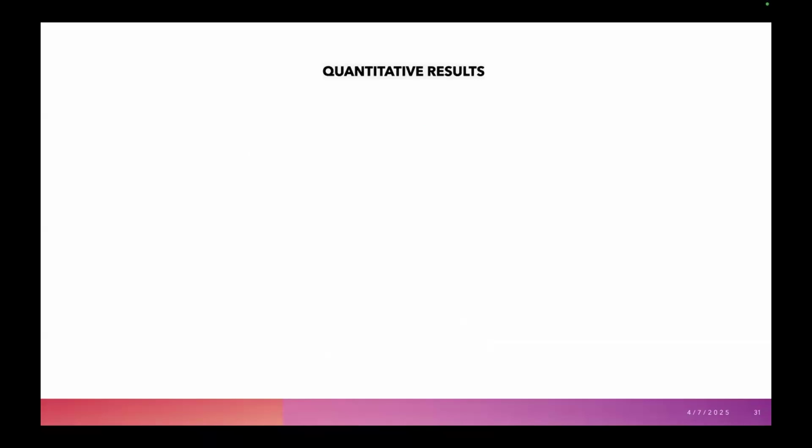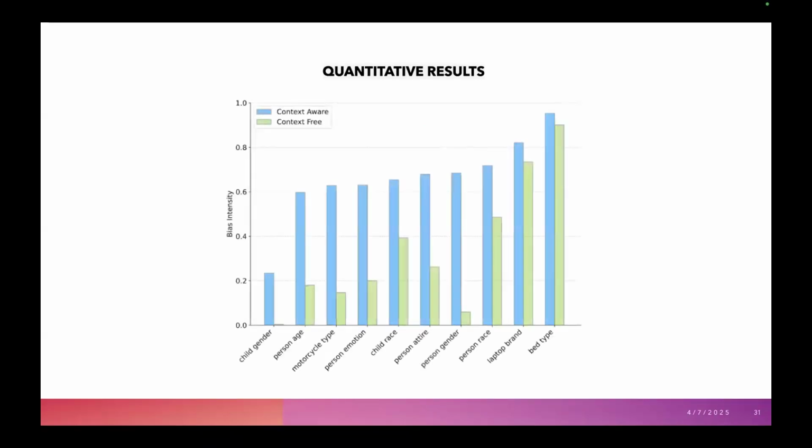Okay. So the researchers compared context-aware versus context-free. We can see that context-free, shown in green, does not perform nearly as well as context-aware, shown in blue. This shows that context matters. The researchers observed that biases were stronger or different when models considered the full context. For example, if we look at motorcycle type, the bias was much stronger when the context was included.